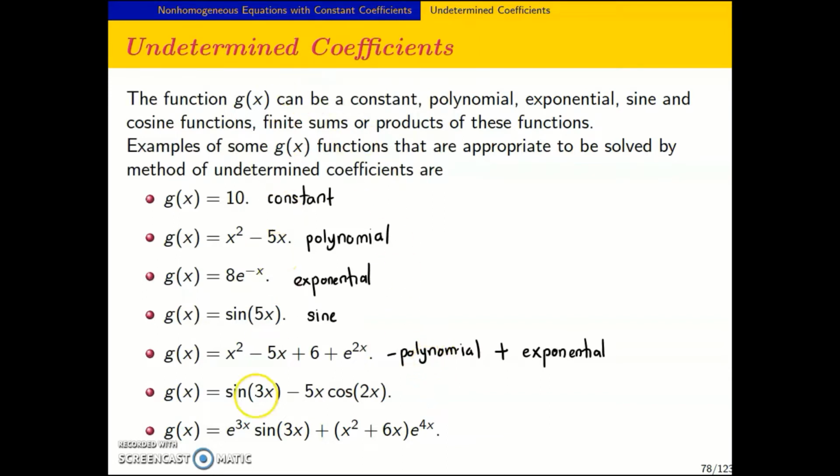All these g(x) are acceptable to solve using undetermined coefficients.